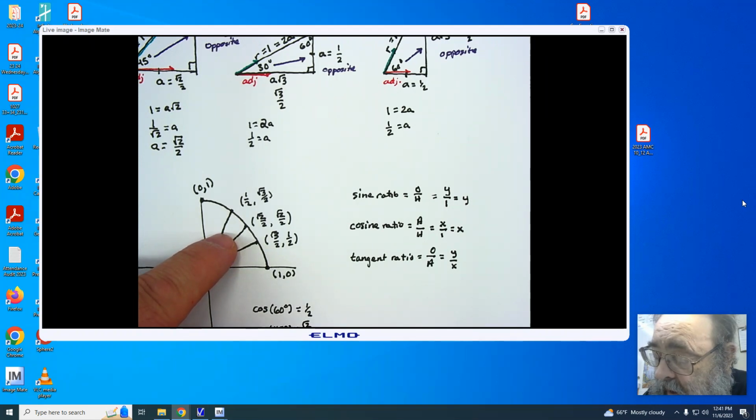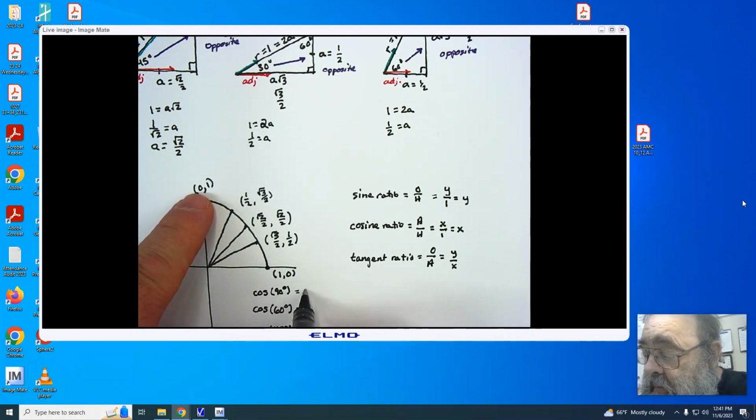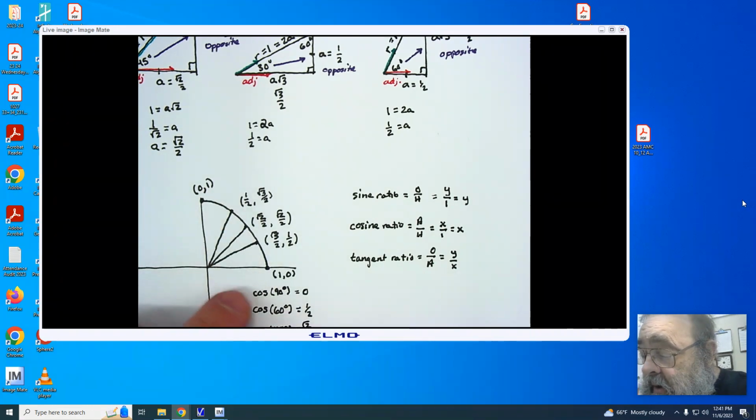And the cosine of 60 degrees is √3/2. Please take note that the cosine of 90 degrees is then 0, and the cosine of 0 degrees is therefore 1.